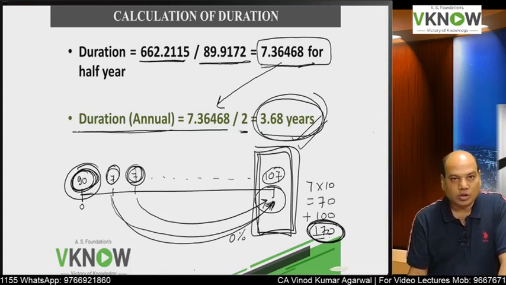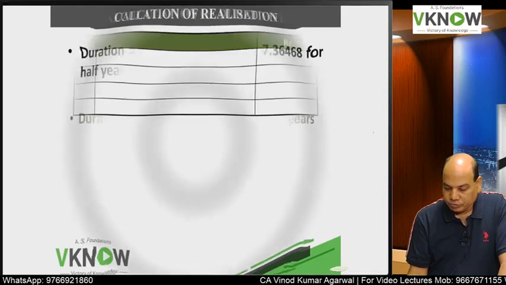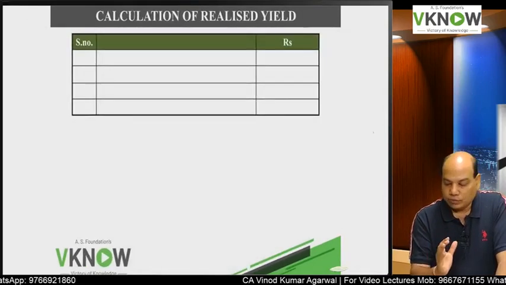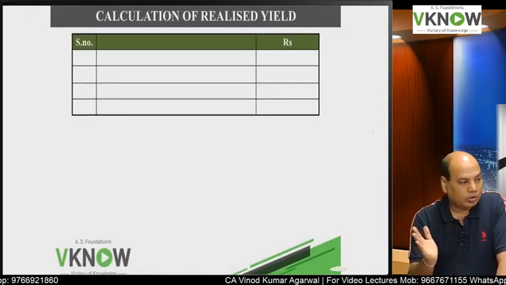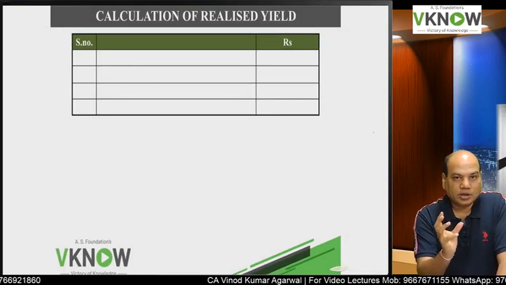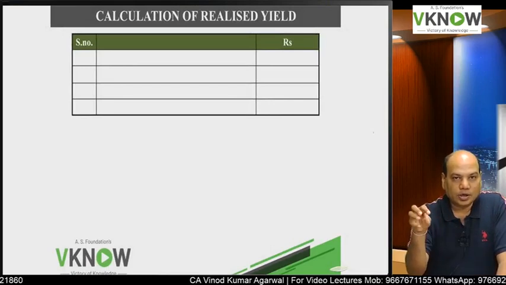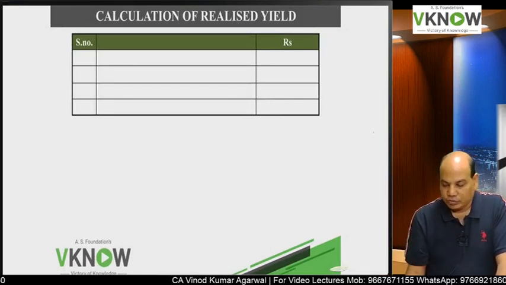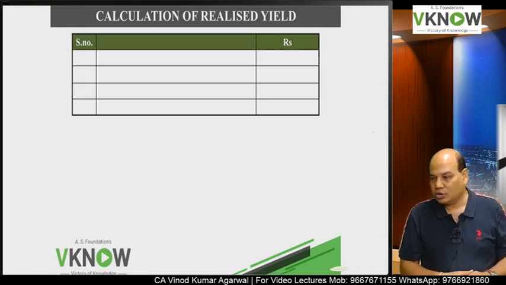So we have to solve again one equation. For that, first we need to find out the terminal value. What will be the lump sum amount you will receive at the end of 5th year? Write down the heading calculation of realized yield.